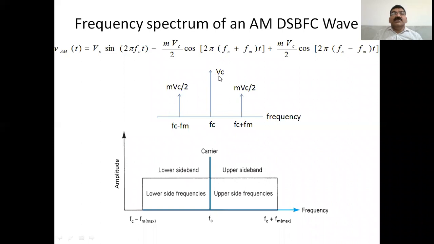This is Vc, the carrier amplitude. This other part is m Vc by 2. If m is 1, it is half of Vc; if m is higher, this amplitude will be higher, since it is multiplied by m. In the ideal case m is 1, so it is Vc by 2. Depending upon m, it will increase or decrease.